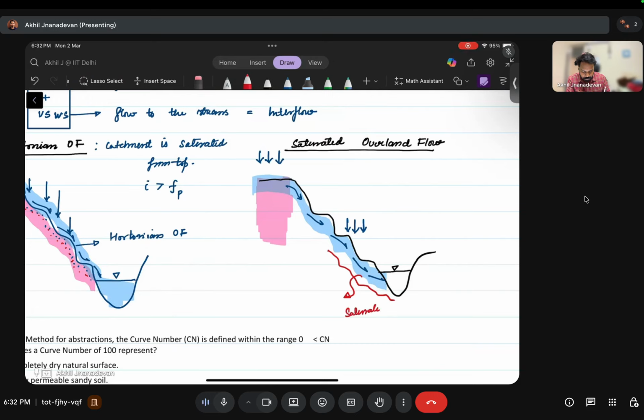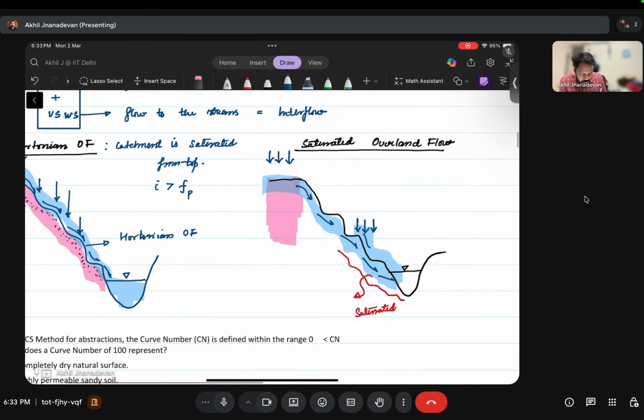The uphill got saturated and the interflow has already begun. Then whatever water falls here will flow as overland flow or sheet flow and join the stream. This particular overland flow is called a saturated overland flow.